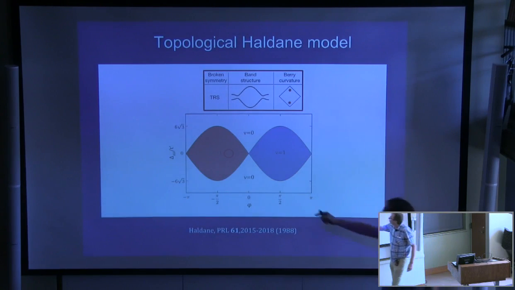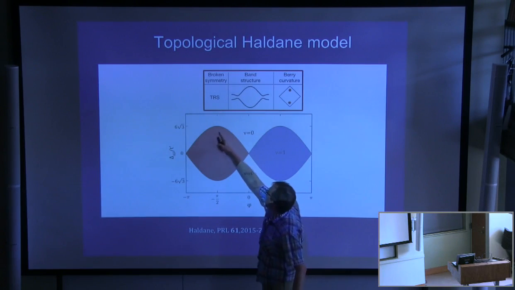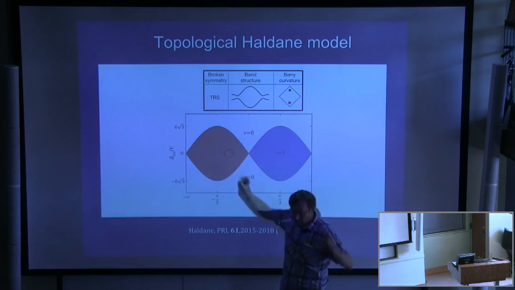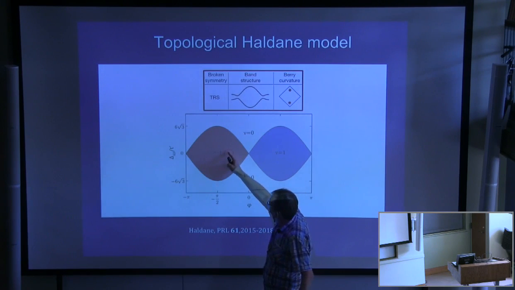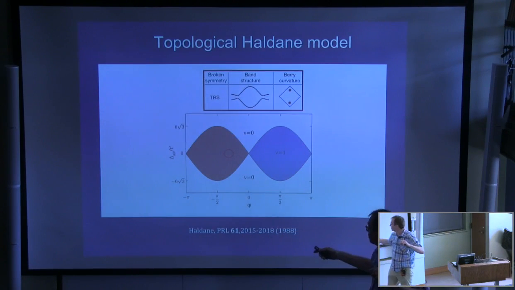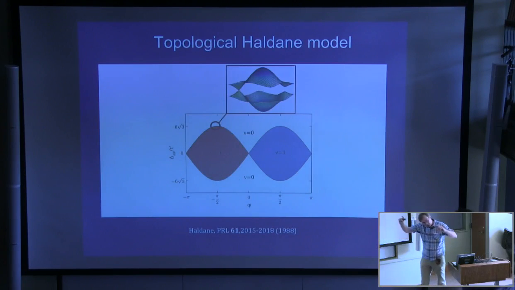And now you can wonder, okay, what is happening here at these phase boundaries? So let's assume we are here, have these gaps open, and now we break inversion symmetry in addition. Then one of the gaps closes, and on the transition line, it just closed one gap, and it opens up, but with a different Berry curvature.